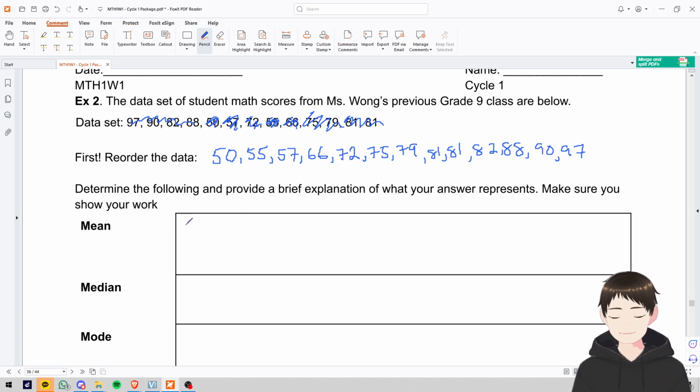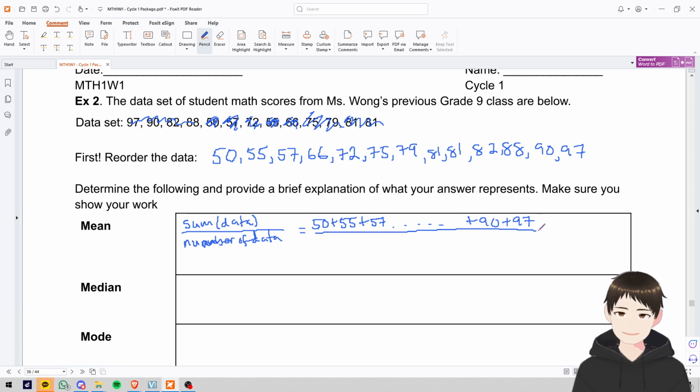So mean is literally the sum of all data divided by the count or number of data values. In this case, I'm literally going to add everything above, and I am lazy, so I am going to do this.